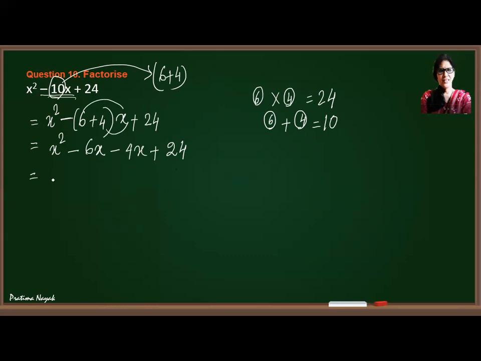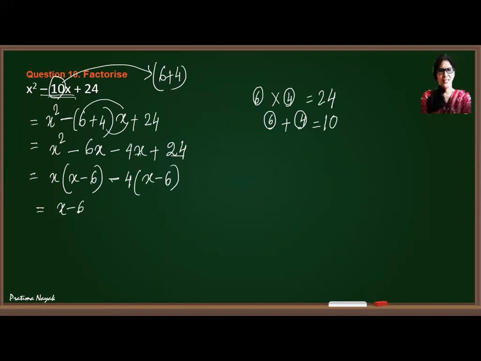Next is taking common. Take x common, x minus 6 is left; minus 4 common, x minus 6 is left. If I take minus from here, it is positive, but if you take from 24, you are taking this negative, it will be another negative, 4 times 6 is 24. So what do I take common?